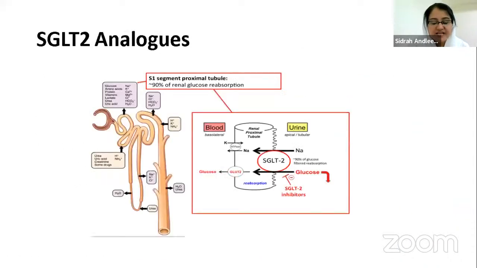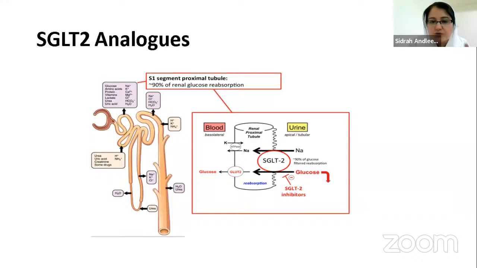So SGLT2s, the co-transport of glucose and sodium, helps bring the glucose and sodium back into the blood. There's a usual conservation method nature deploys in the kidneys, in the proximal tubules, right? So SGLT2 inhibitors actually increase the excretion of glucose and sodium into the urine.